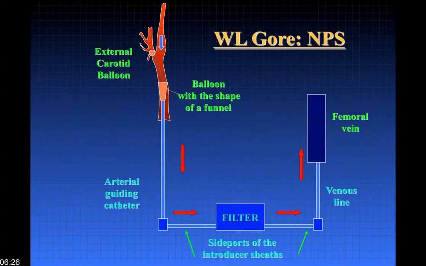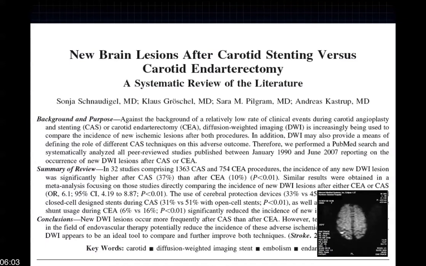To do that, however, you have to establish an arteriovenous shunt, and that's generally done at the femoral vein level, and involves an additional catheter and an additional type of procedure, so that once we establish reversal of flow, we can filter it and return the patient's blood. So in theory, it offers the most complete protection, but the question is what happens in actual practice.